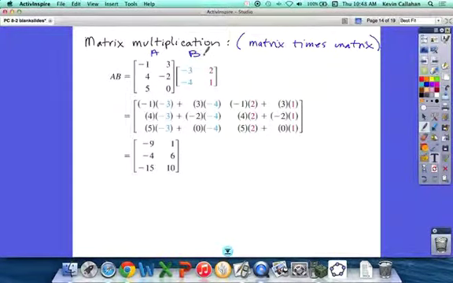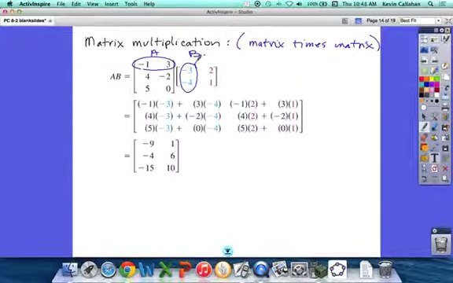And notice the operation. When I want to fill in the first row, first column, I use the first row and the first column.